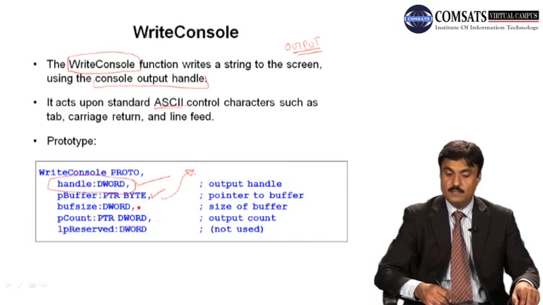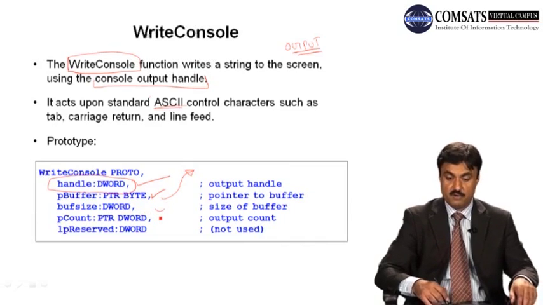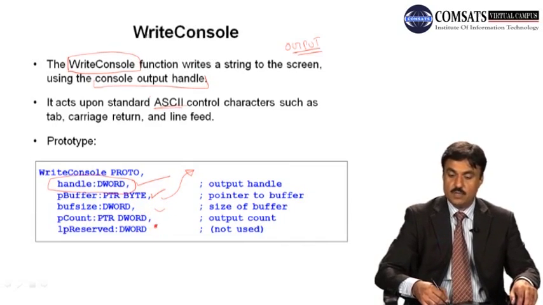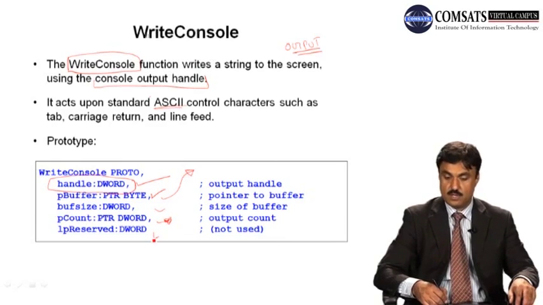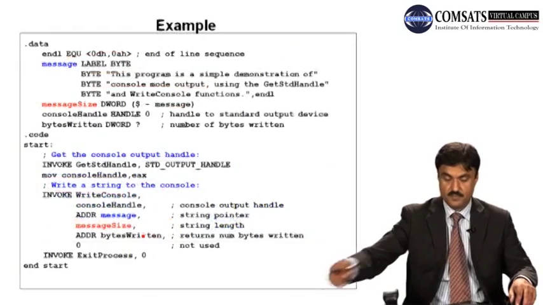Next we need the size of this buffer, then the output count, how much has been written. The last is reserved and not used, so it will always be 0.